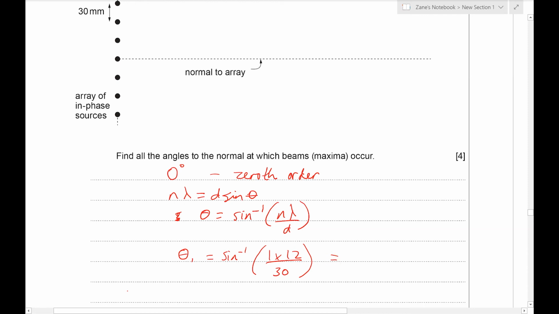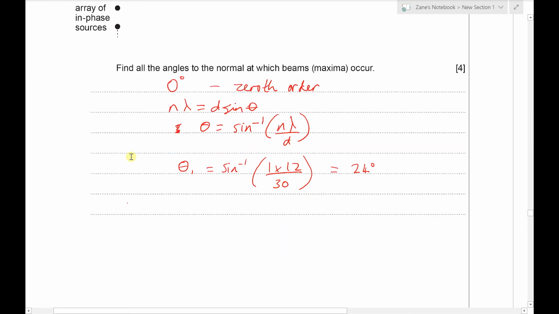And if we put that into a calculator, we get about 23.5, so let's call it 24 degrees. For the second order, we will get sine minus 1 of 2 times 12 over 30. And again, if we put those into a calculator, we'll find that we get about 53 degrees there.